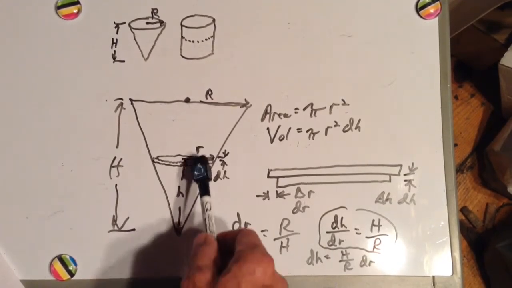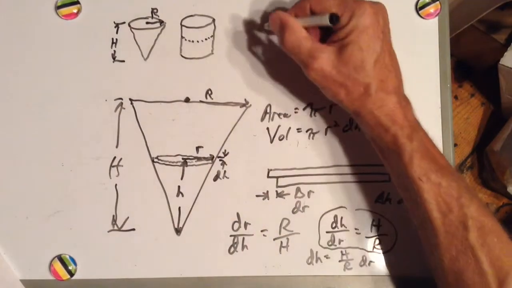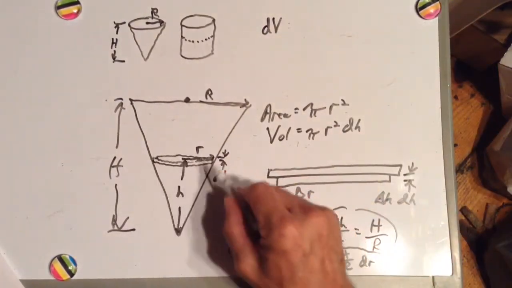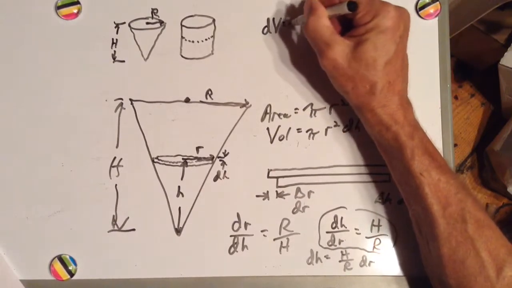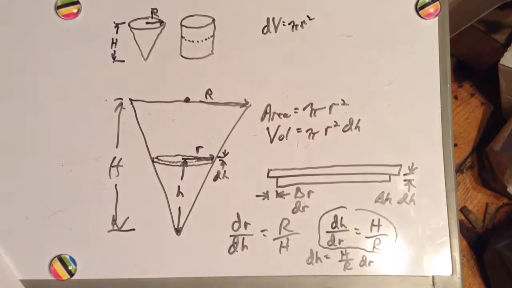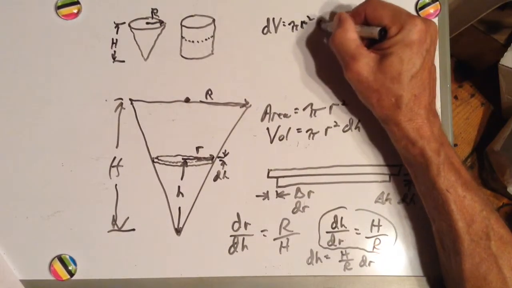Let's call our little incremental unit of volume of this disk dV, and it equals the area of the disk, which is pi r squared, this little r, times the thickness of the disk, which is dH.